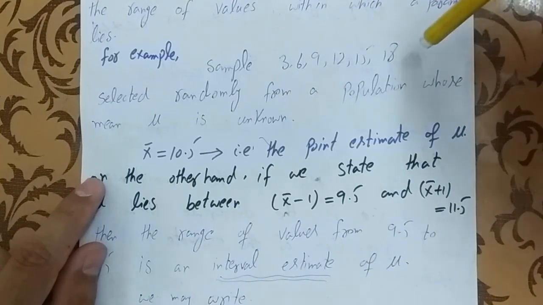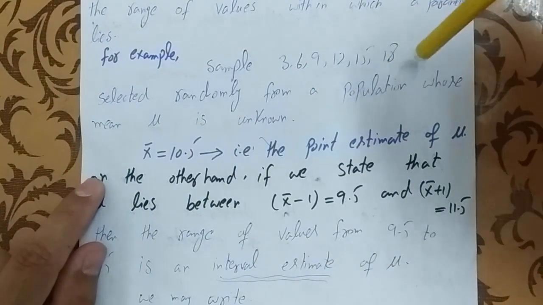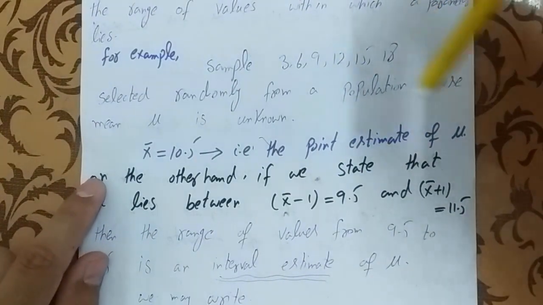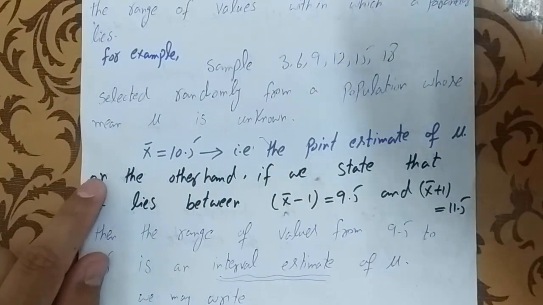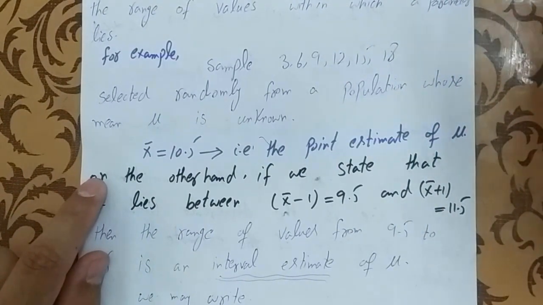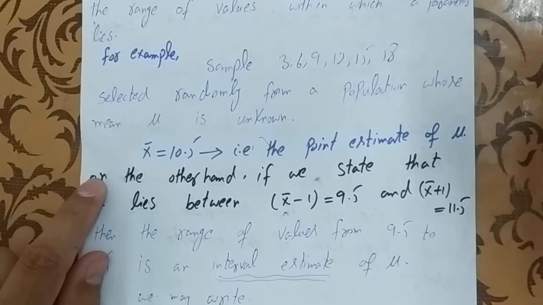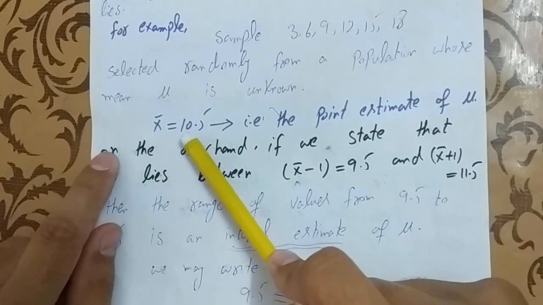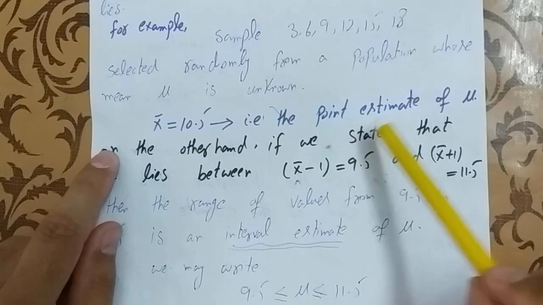Dear students, we select a sample only when we have no access to the population or it is difficult to select the whole population. Then we use samples from that population to carry out our work. Then x bar, the mean 10.5, is the point estimate of mu.